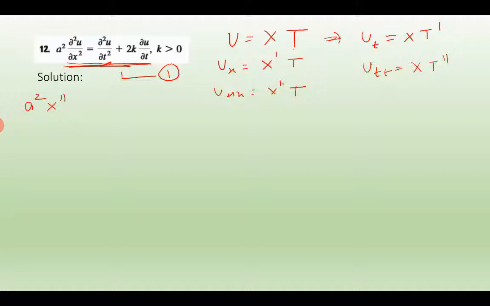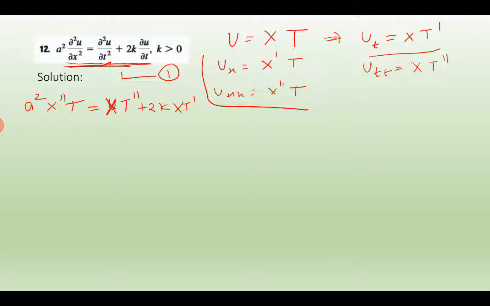Substitute in this equation number 1, what you get? a square X double prime T, the first term, is equal to u tt, that is X T double prime, plus 2k times ut, this one, X T prime. Okay, this is what we got.